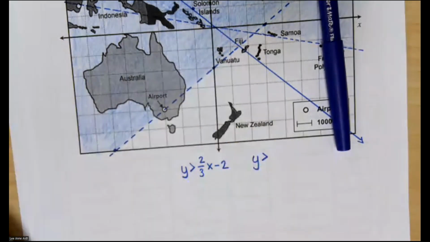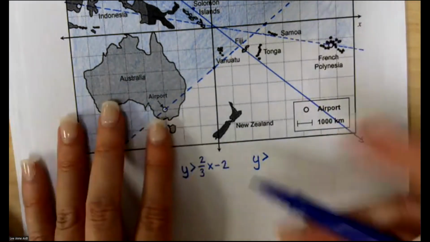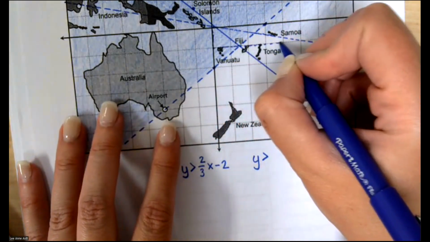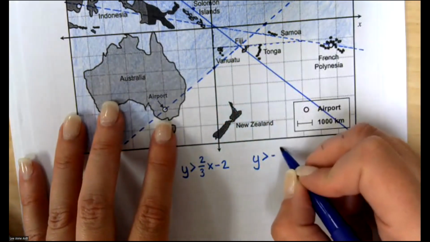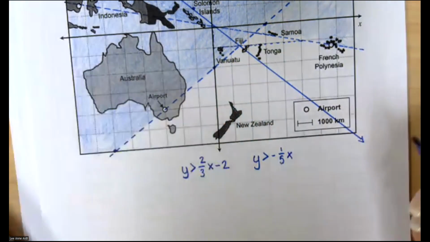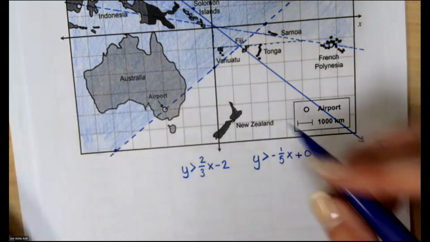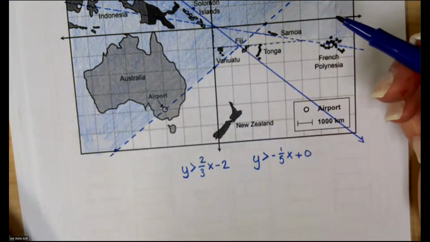Oh, it's down 1/5. Oh yeah, I guess that makes more sense. 1, 2, 3, 4, 5. -1/5 x plus 0. Mine doesn't go perfectly through 0, but that's okay.